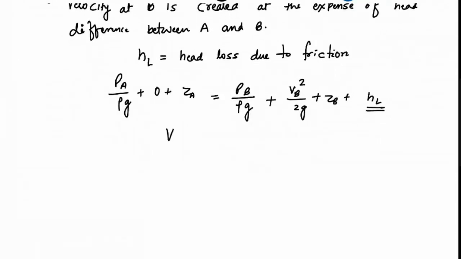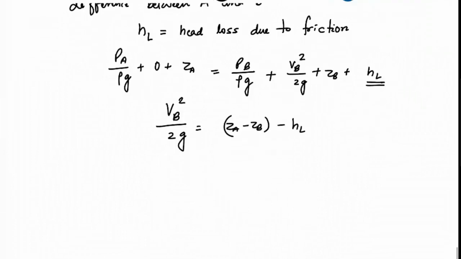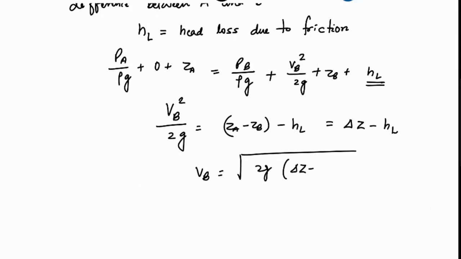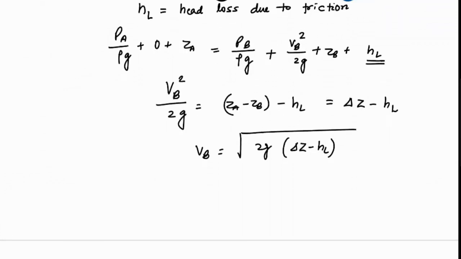If you assume that PA is equal to PB, which is practically true, we can write this expression like this. ZA minus ZB is nothing but delta Z, and then minus HL. So VB is equal to the square root of 2g times (delta Z minus HL). So when you are considering friction, your velocity will decrease.